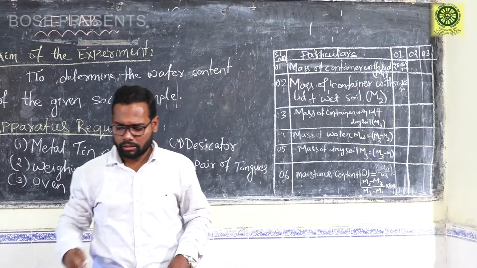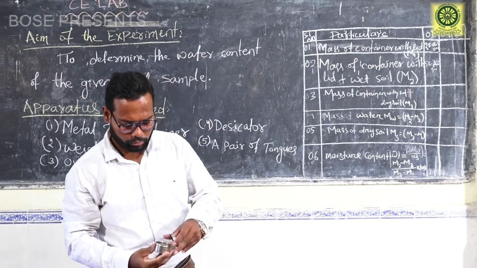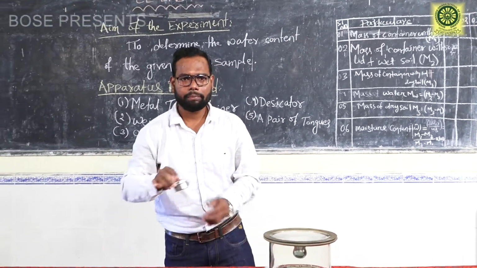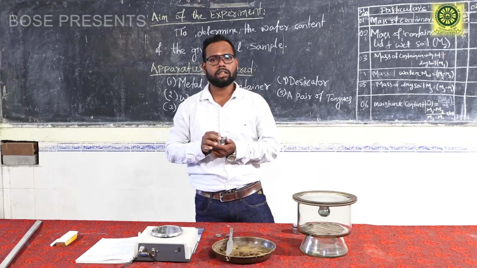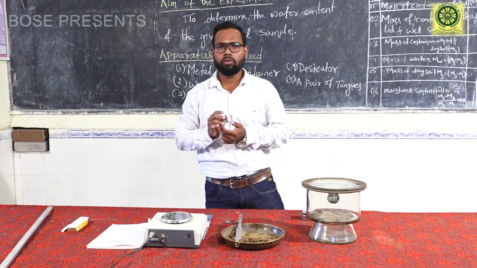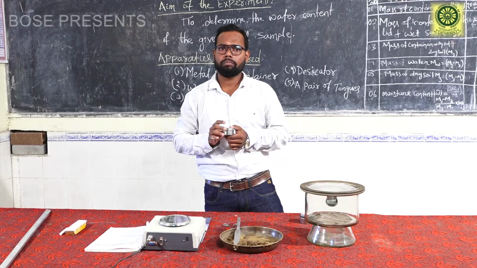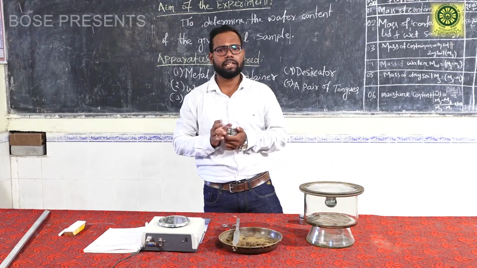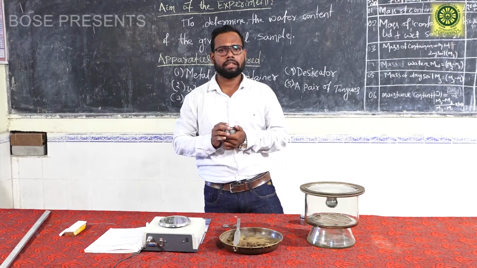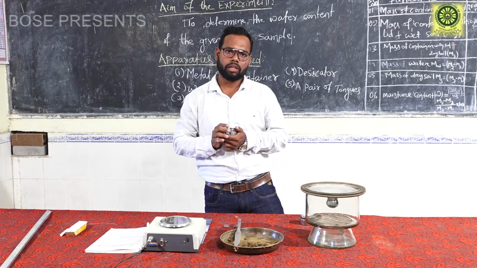Okay. Next, what we need to do? We need to keep it in a thermostatically controlled oven for 24 hours, and the temperature should be maintained at 110 degree centigrade plus or minus 5 degree.